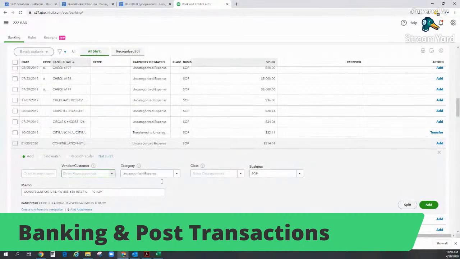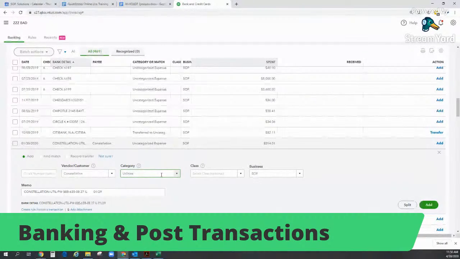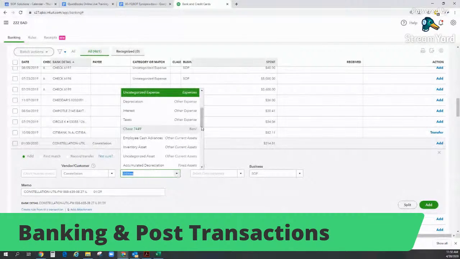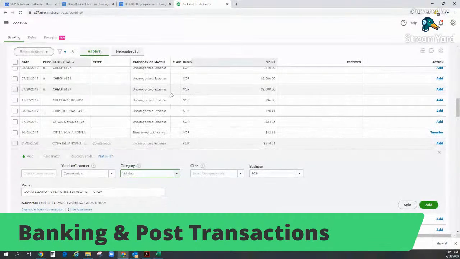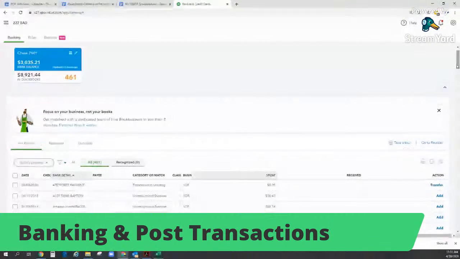Again, I know it's repeating, but I'm just creating things on the fly as I'm in the system, just to demonstrate and have a better look at our reporting.